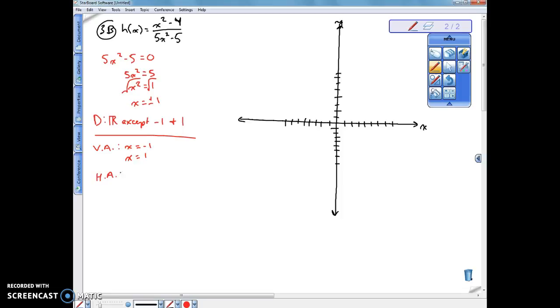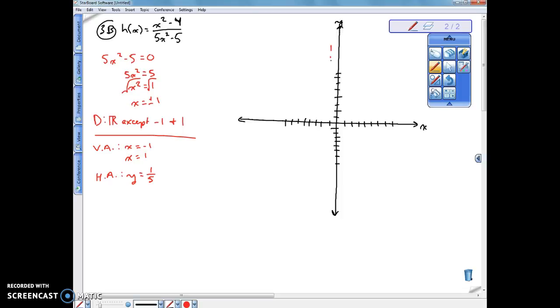Since the degree of my numerator is once again equal to the degree of my denominator, 2 and 2, I get a horizontal asymptote at the ratio of the leading coefficients. The leading coefficient of my numerator is 1. The leading coefficient of my denominator is 5. So I get a horizontal asymptote of y equals 1/5, which is very close to the x-axis, but not quite there.